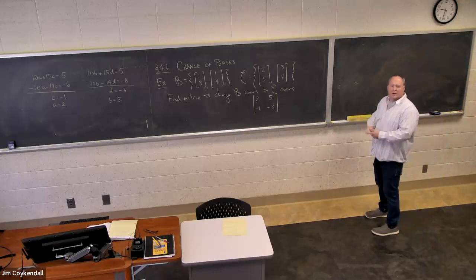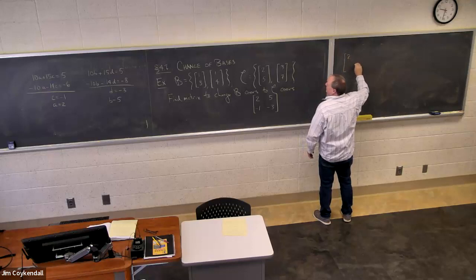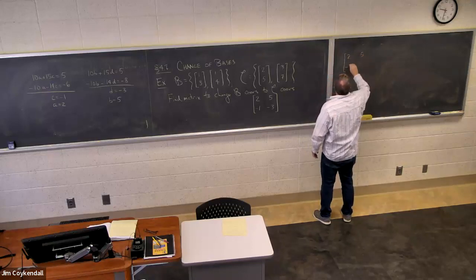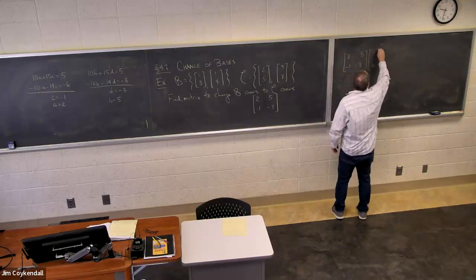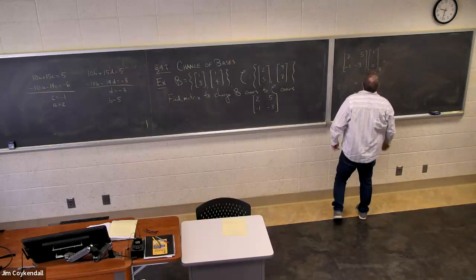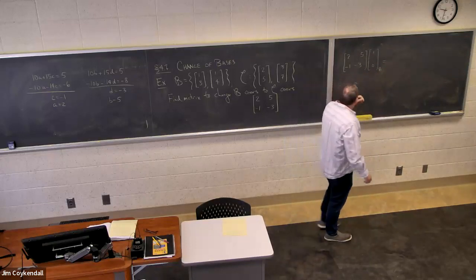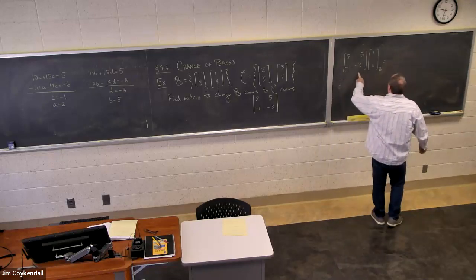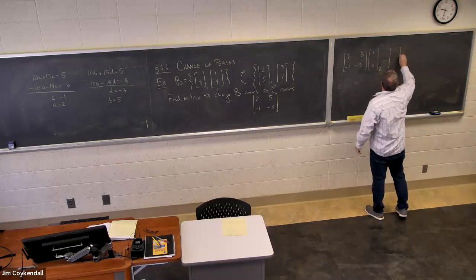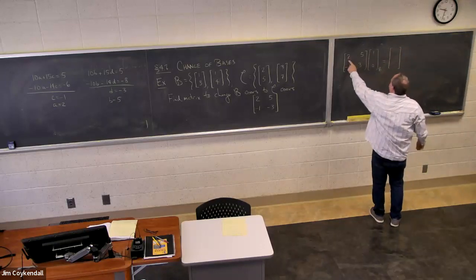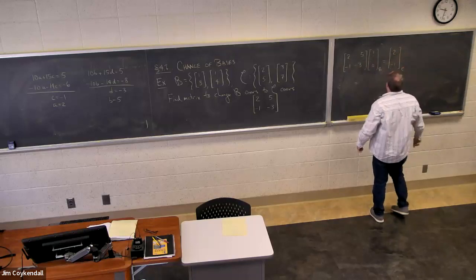Here, let me do this another way. The matrix with columns (2, -1) and (5, -3). What does this matrix do, right? Well, it takes (1, 0) in B coordinates and turns it into, what does it turn into? (2, -1) in C coordinates.